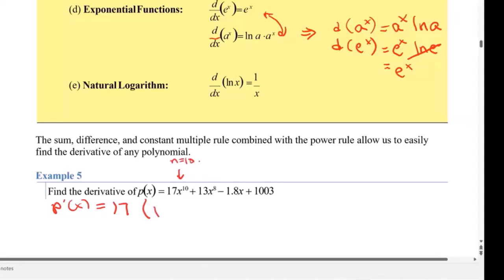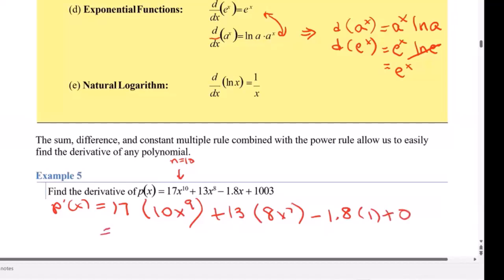So we have n x to the n minus 1 times 17, plus 13 times the derivative of x to the 8th, which is 8x to the 7th, minus 1.8 times x, but the derivative of x is 1, so times 1, and then the derivative of every constant is 0.